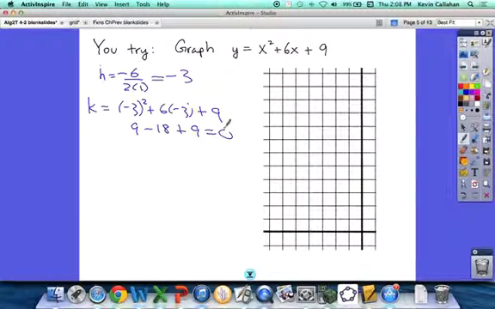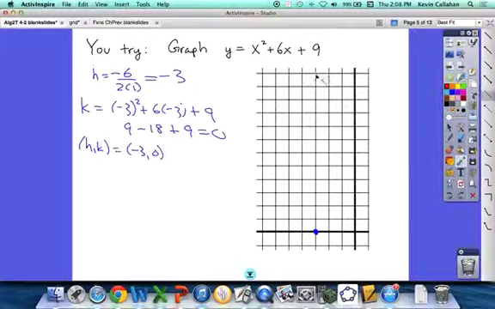Okay, so we've got a vertex. The vertex is negative 3, 0. So that goes on our graph right there. And then we can sketch in an axis of symmetry.